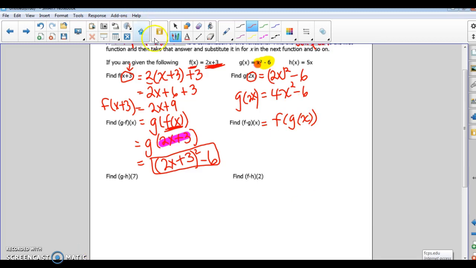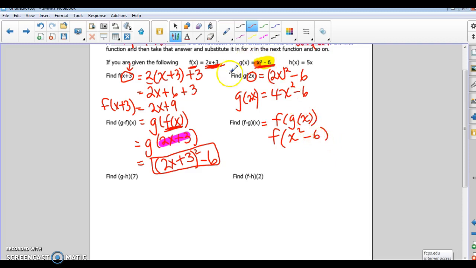G of x is same as x squared minus 6. So, f of, now instead of g of x, we put x squared minus 6. Correct? Now g is gone. Now it's about f.